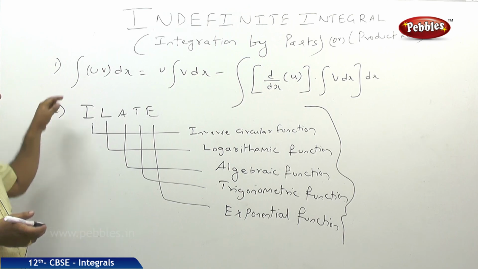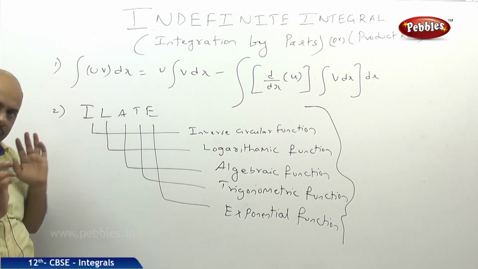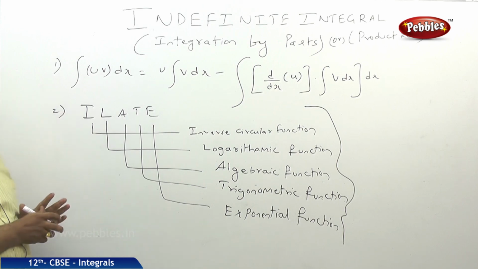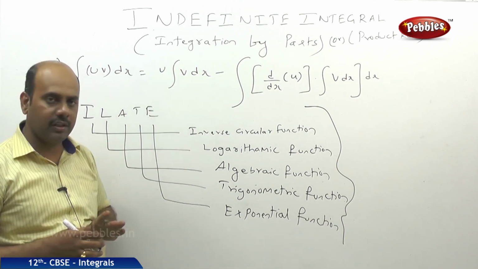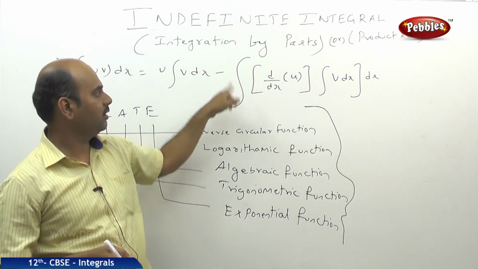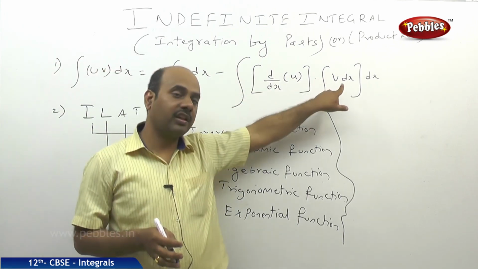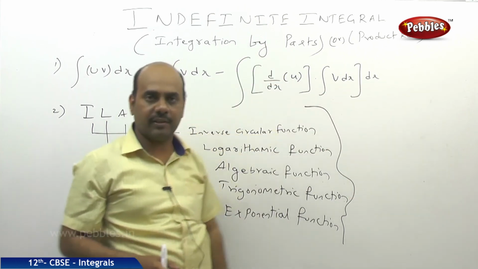What it generally tells: integral of uv dx, where u is a function of x and v is a function of x. Then how can we evaluate this particular integral? It says u into integral of v dx minus integral of derivative of u into integral of v dx, on the whole again dx.